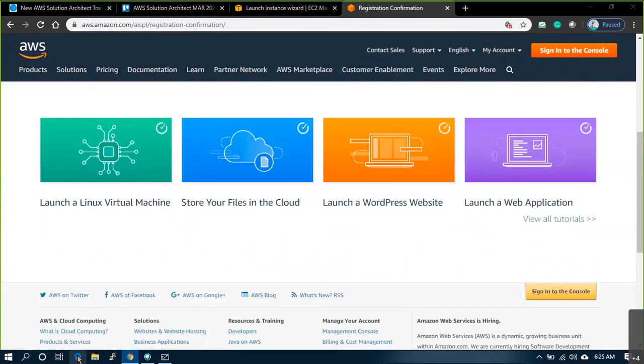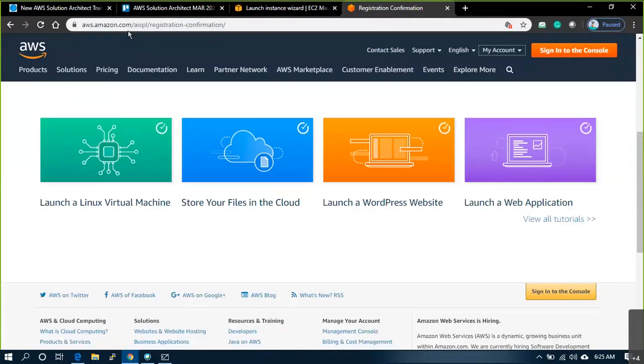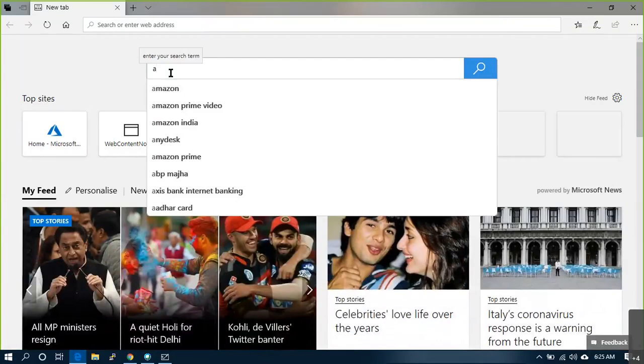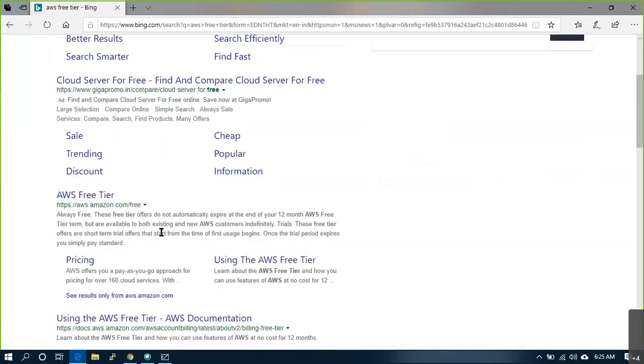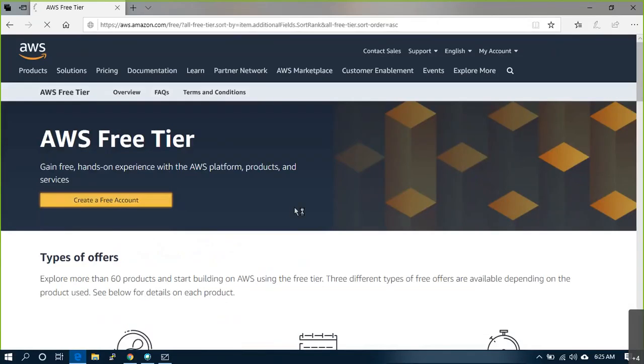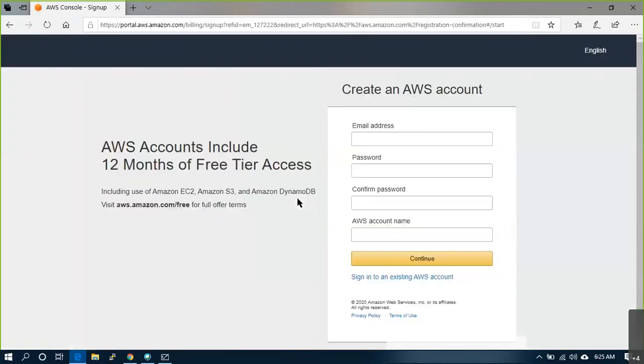Let me open up another browser. Let's create an account here. You can fill in these details.